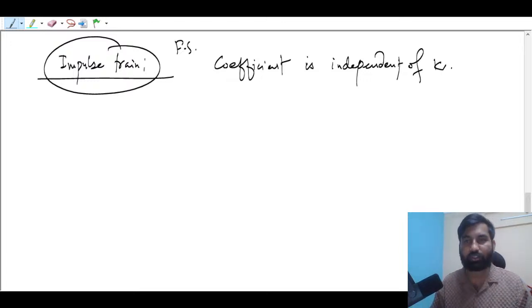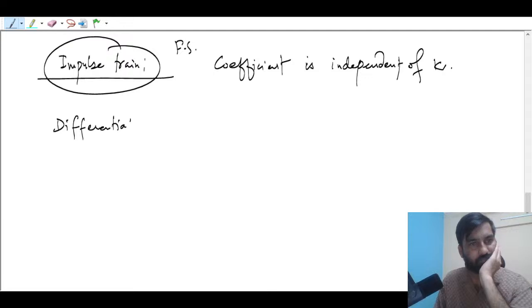That is very important. So what you have to do is differentiate the periodic waveform, and the question is how many times. Differentiate your periodic signal x_p(t) how many times?